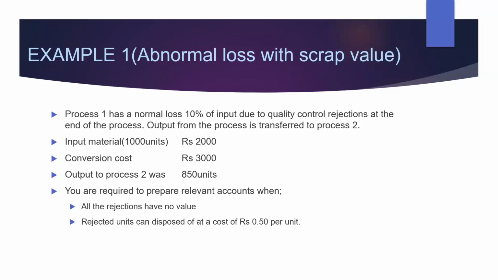And the next one is where this normal loss can be disposed at a cost of 50 cents per unit. So earlier we have solved them, now we have to dispose it at 50 cents each.